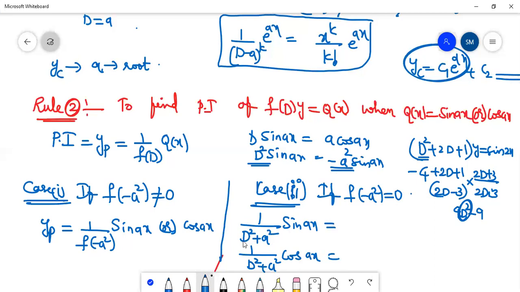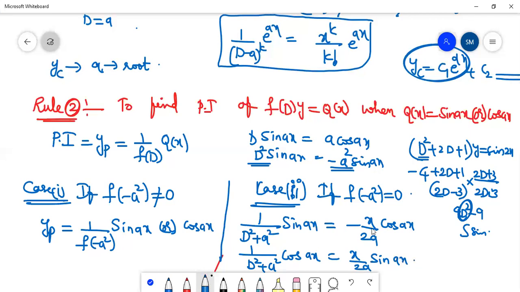In that, d is in the denominator, so you can take the idea of integral of sine. Integral of sine is minus cos ax, x by 2a. X by 2a sine ax.